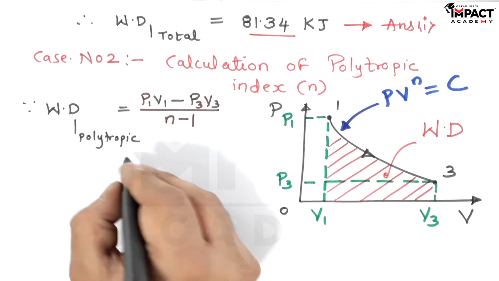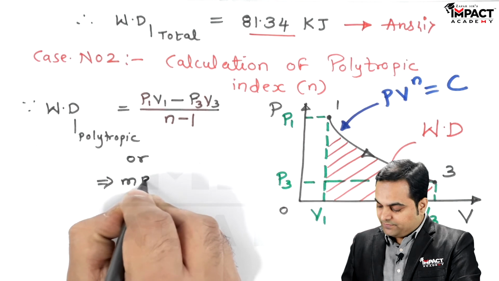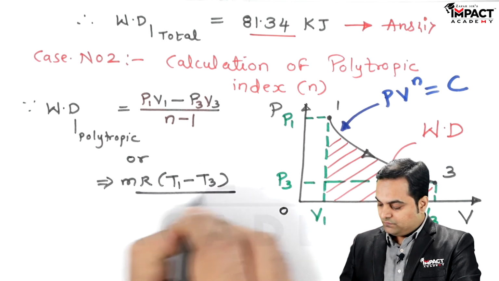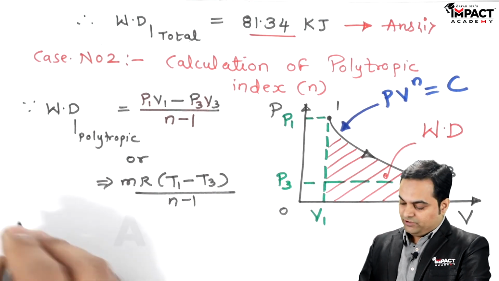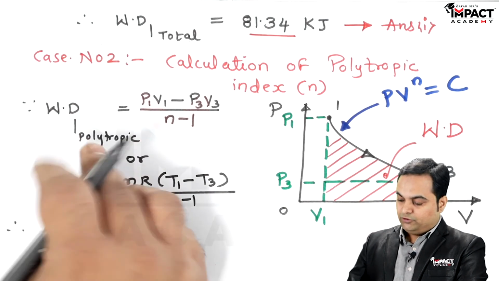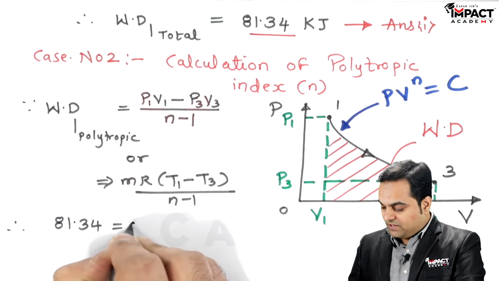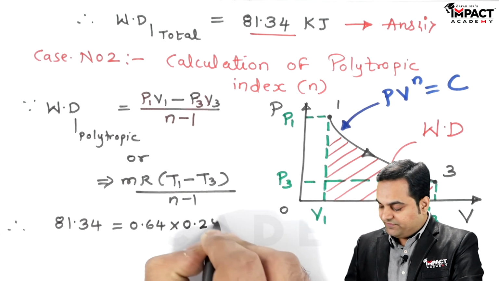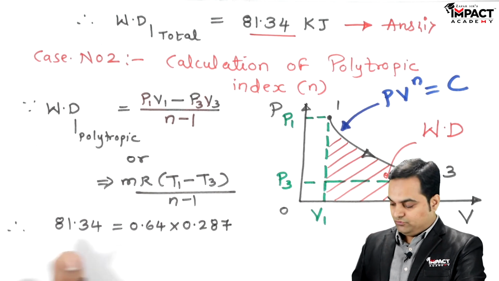So the same formula can also be written as m R (T1 minus T3) upon (n minus 1), and here it is the polytropic work done. So I'll put the value of the polytropic work done, which is 81.34. Mass would be the same, R is 0.287 kilojoule per kg Kelvin, because here work done is in kilojoule.